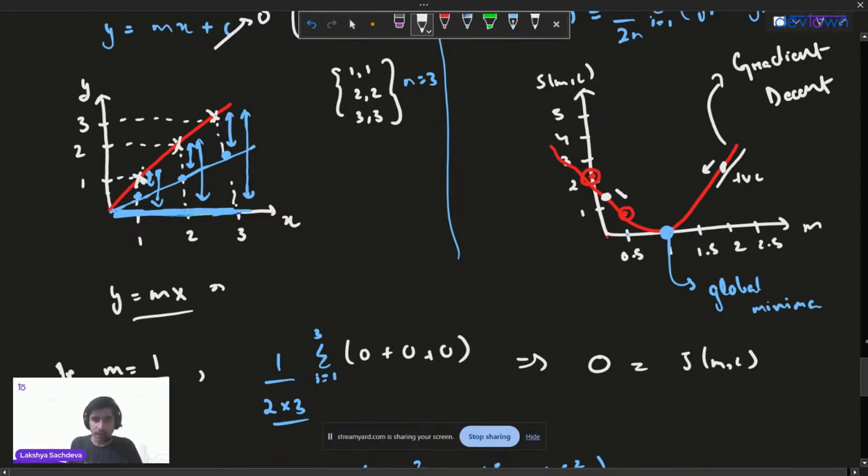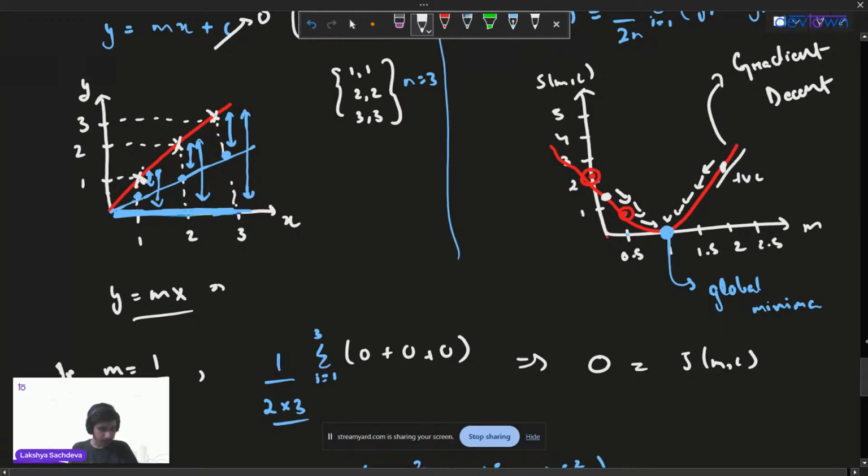That means the point will move to the right. Again and again, if the point is on the right, it will move to the left. If the point is on the left, it will move towards the right. And this is how we try to reach the global minima.